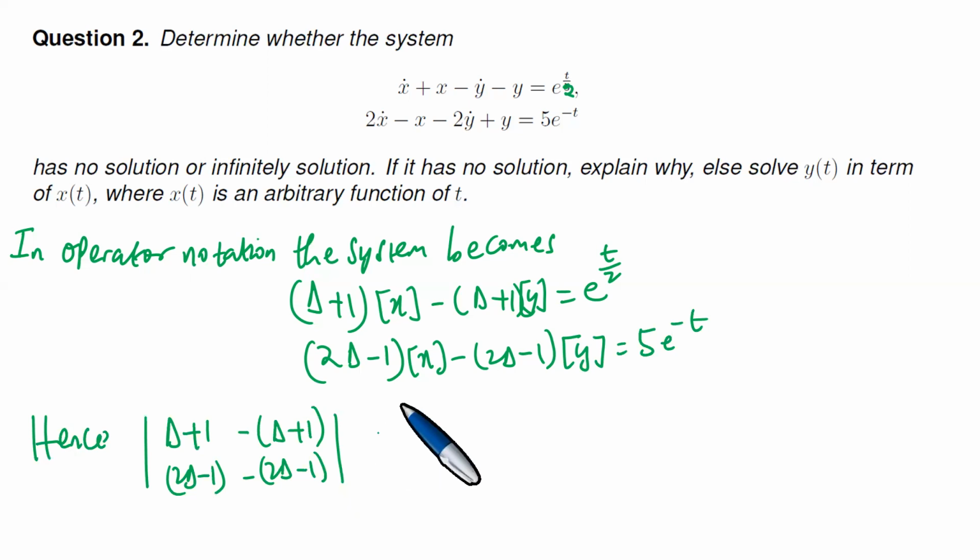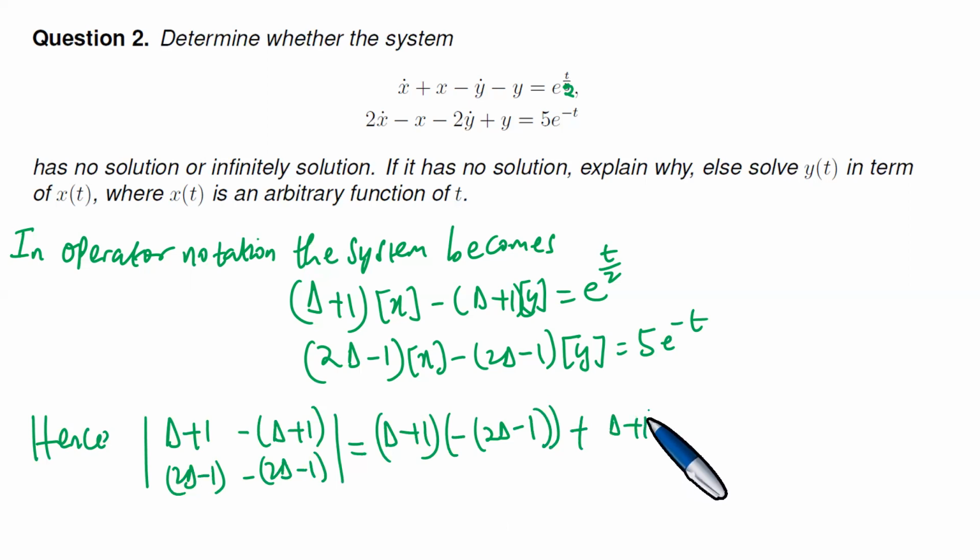So we obtain the determinant of this, which can be seen as (D plus 1) goes with that, minus twice (D minus 1), then we have a plus (D plus 1) into (2D minus 1).